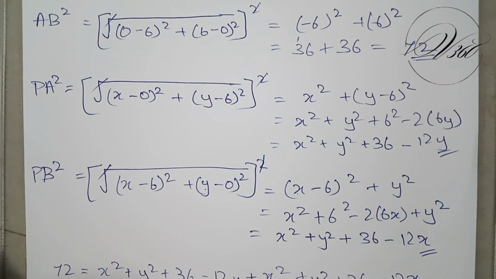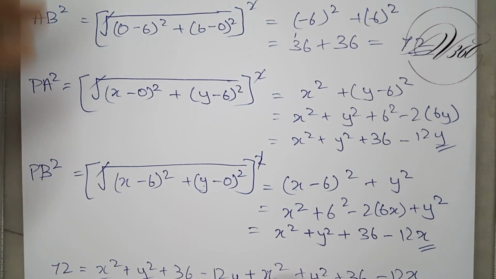Here we'll get 72 is equal to x square plus x square is 2x square, y square plus y square is 2y square, minus 12x, minus 12y, and plus 36 plus 36 which is 72. Now if I take this side it will become minus 72.